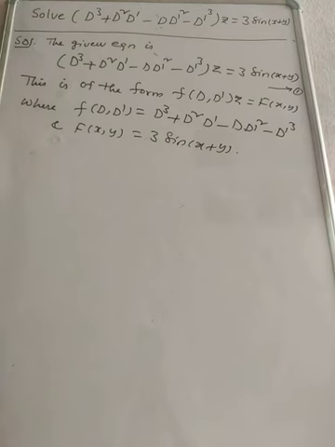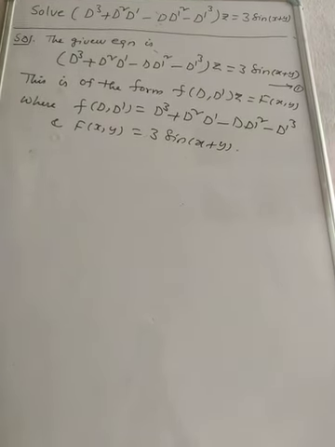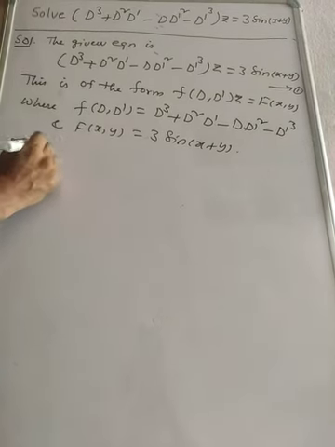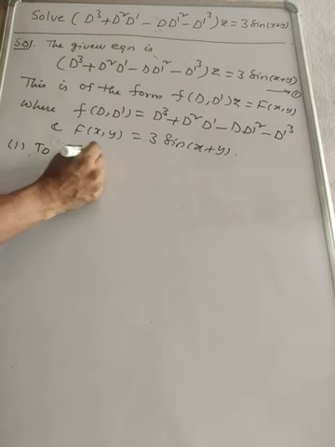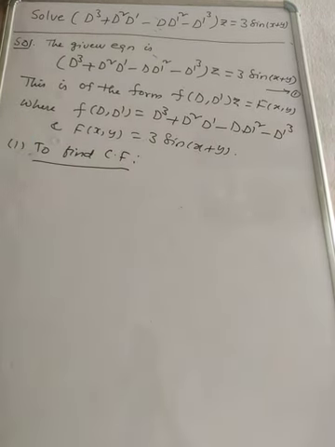Equation 1 has two solutions. One is the complementary function and the second one is the particular integral. First we have to find the complementary function. To find the complementary function, first write the auxiliary equation.